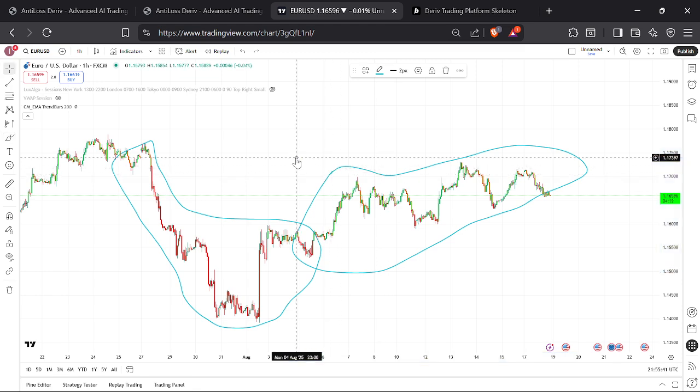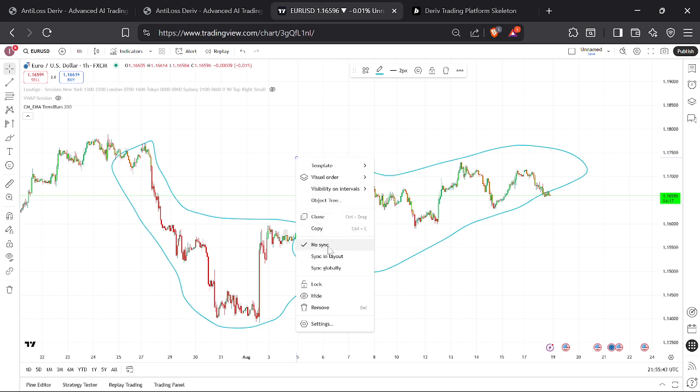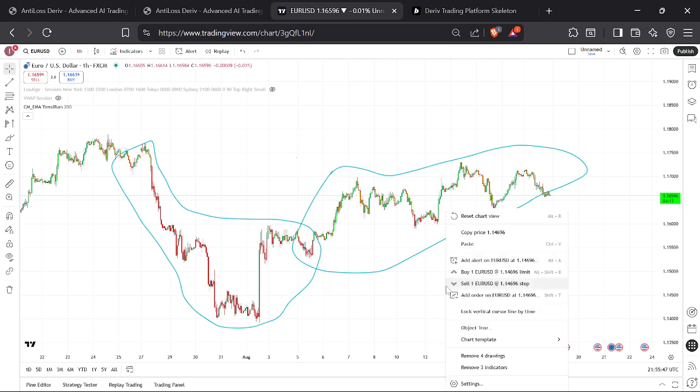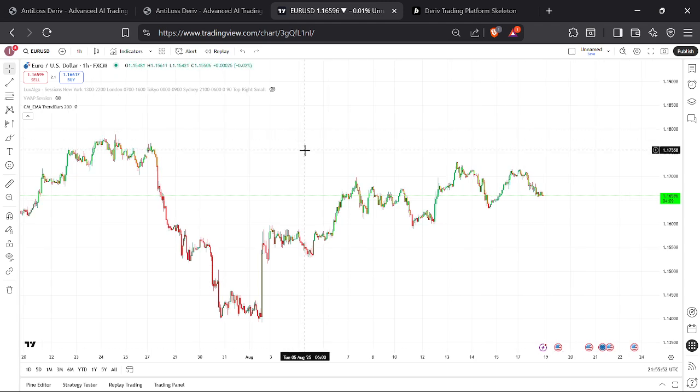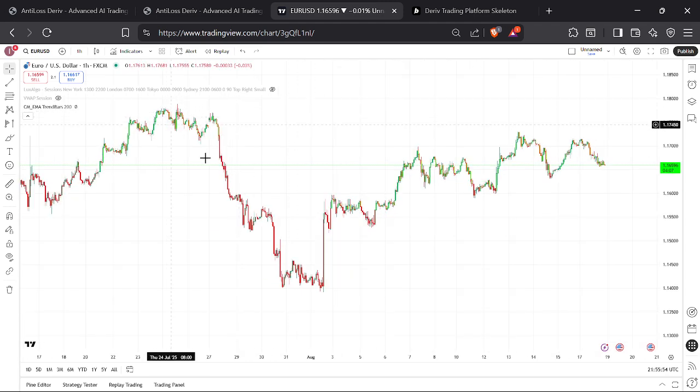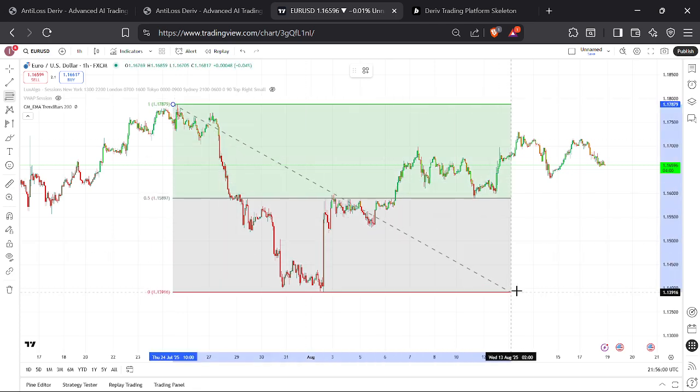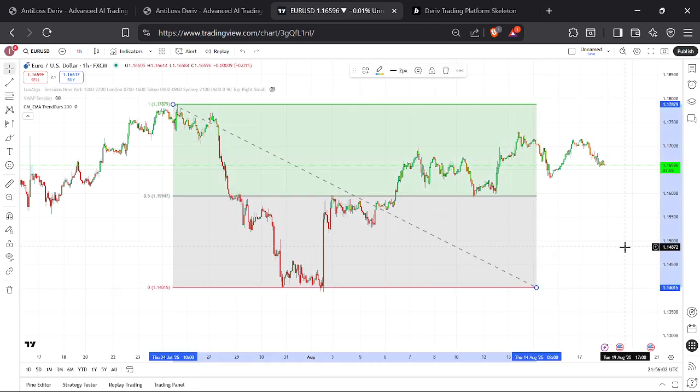Now let me just delete everything and let's check the range that we are currently trading in. So we are currently trading inside this range right over here. I'll use my 50% tool, which is actually just Fibonacci retracement tool.